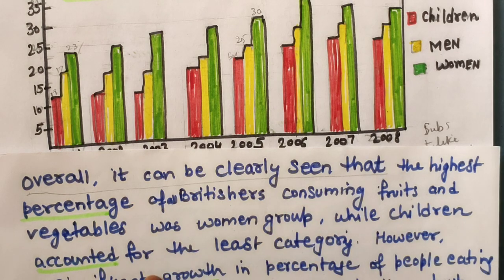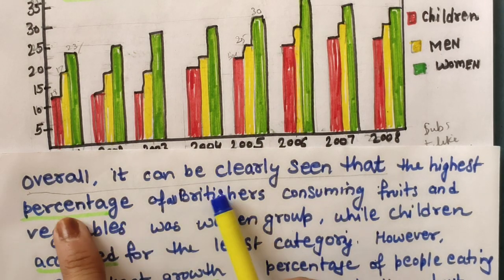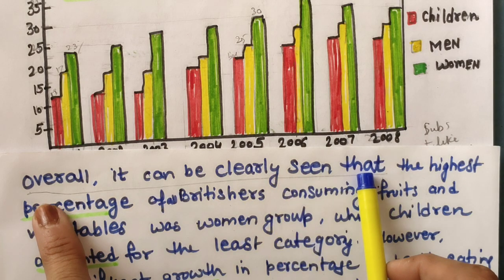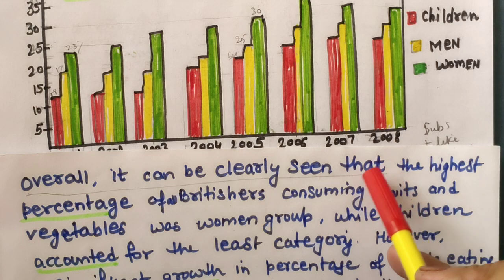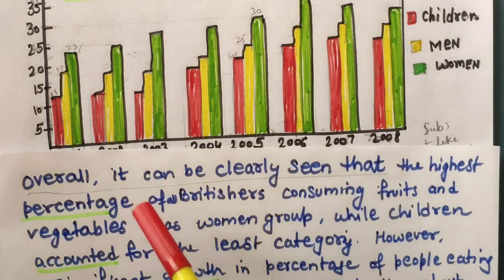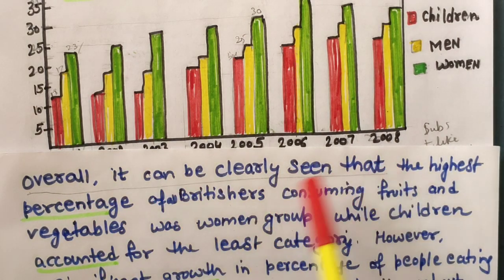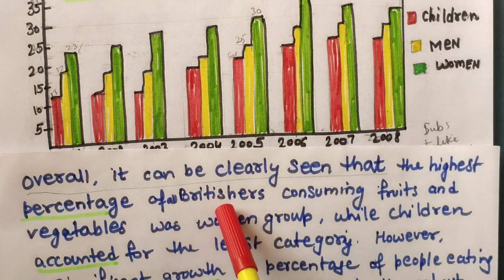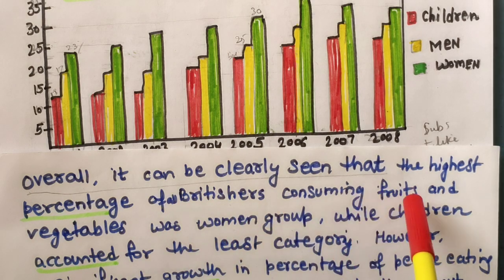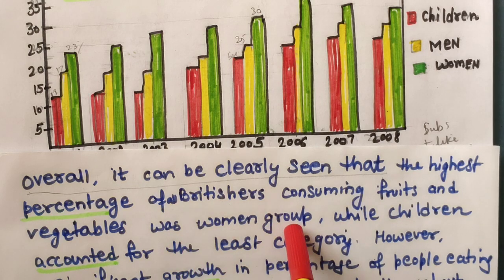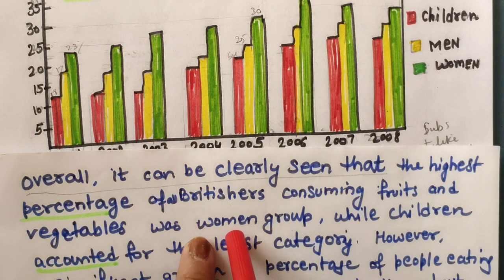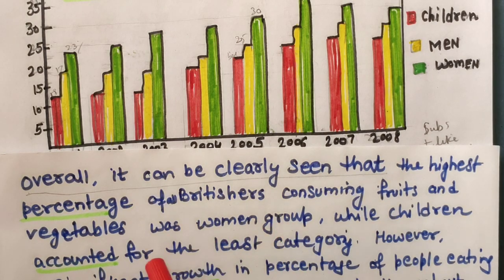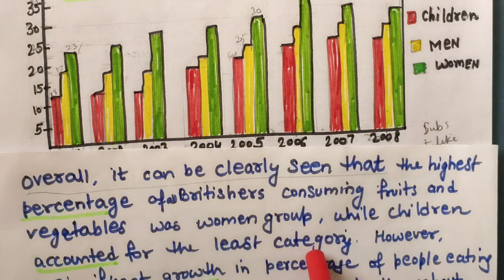So: overall it can be clearly seen that. These are ready-made lines, please use them, there is no harm. And sentence structure is also important. Overall it can be clearly seen that the highest percentage of all Britishers consuming fruits and vegetables was the women group, while children accounted for the least category.